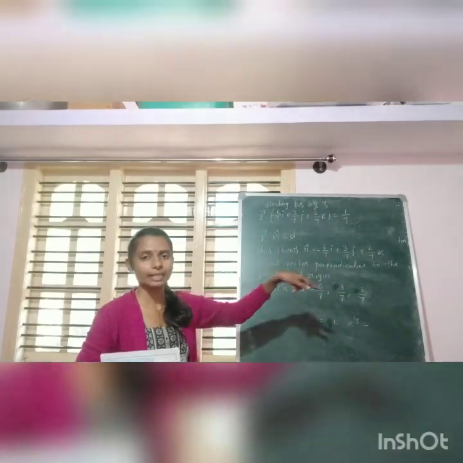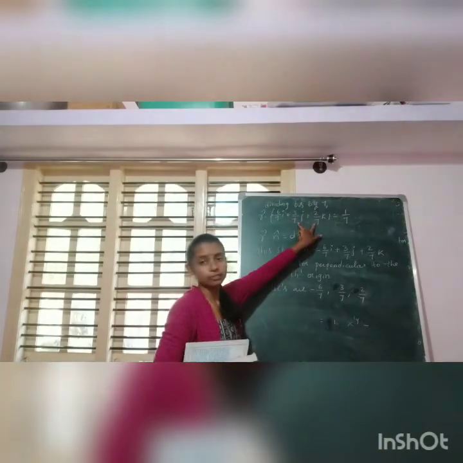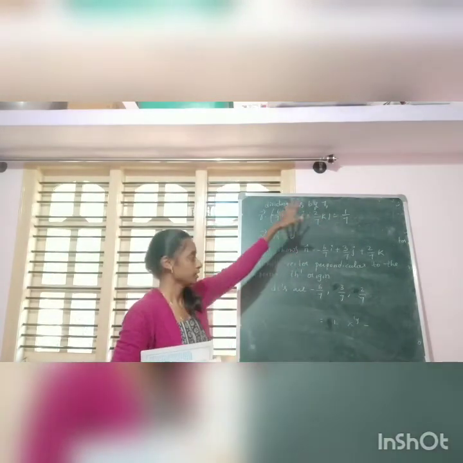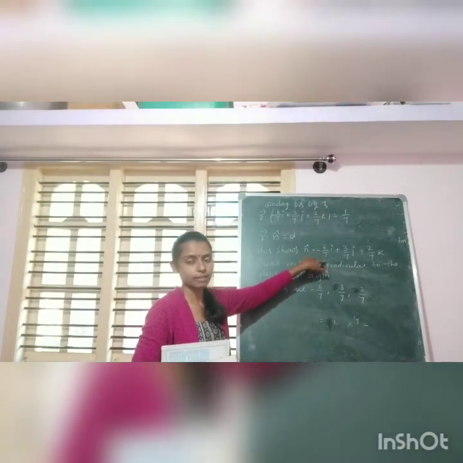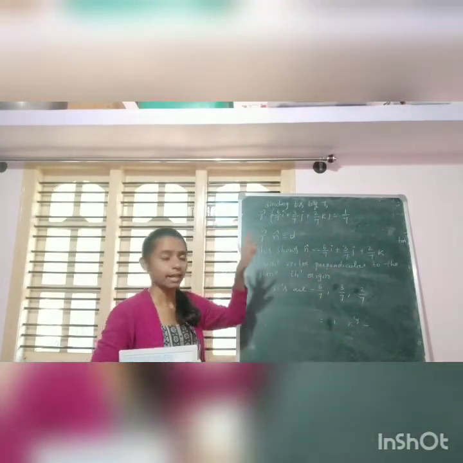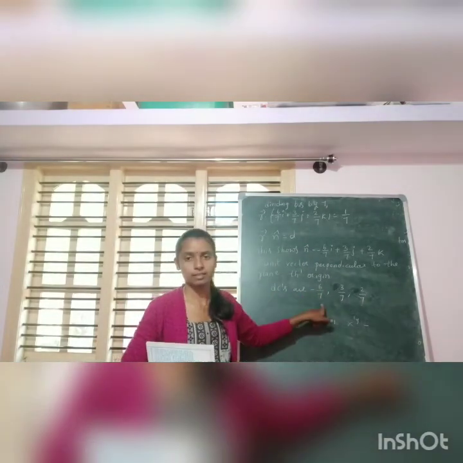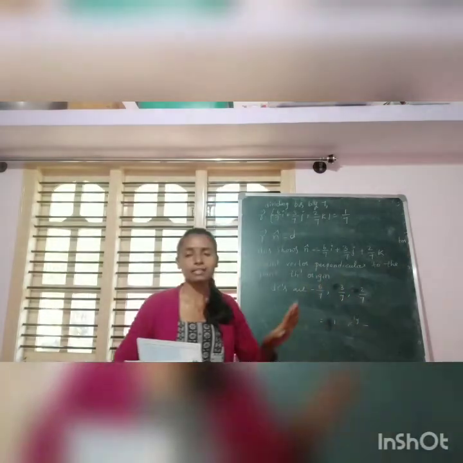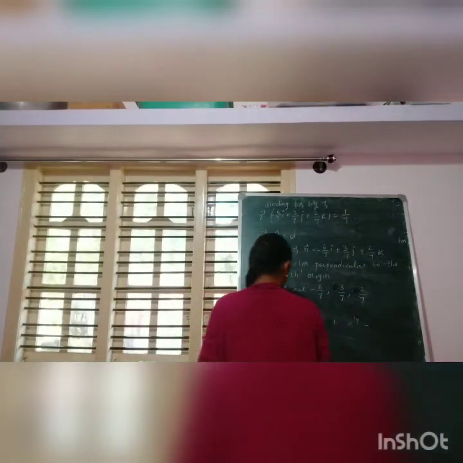Then the positive term becomes negative and the two negative terms become plus. Hence n cap will be minus 6/7, plus 3/7 and plus 2/7. So the direction cosines are minus 6/7, 3/7 and 2/7. Clear?